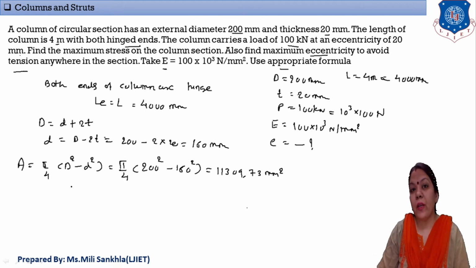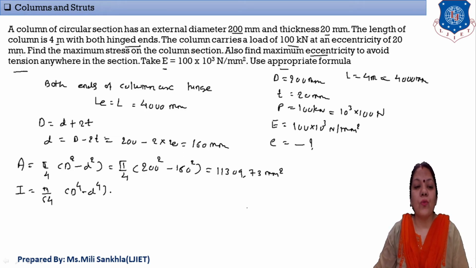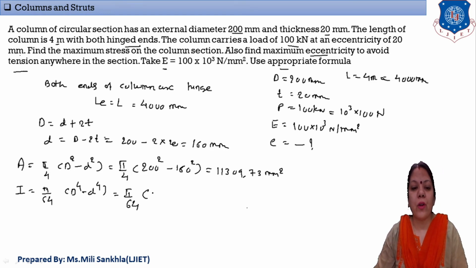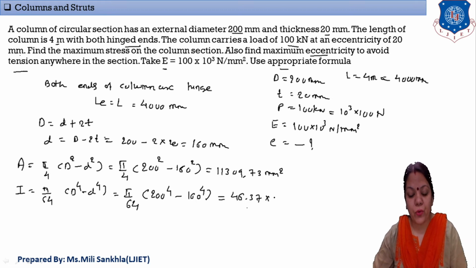Now we find the inertia. Inertia for a hollow circular section is pi by 64 into capital D raised to 4 minus small d raised to 4, that is pi by 64 into 200 raised to 4 minus 160 raised to 4, and the answer for this inertia is 46.37 into 10 raised to 6 mm raised to 4.